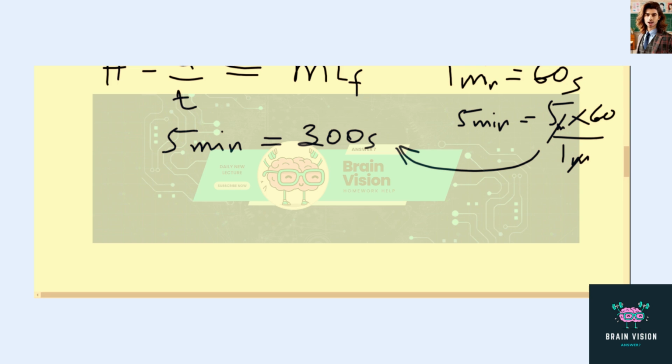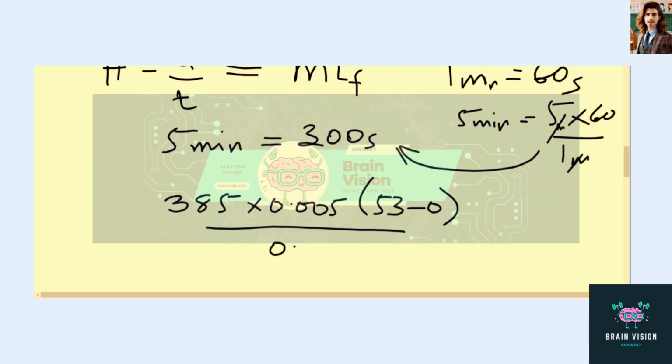All right, so let's move on. So we have H equals, using the equation concerning the copper, 385 multiplied by 0.005 into bracket 53 minus 0 divided by the length, 0.8, is equal to, this gives us 127.5 joules per second.